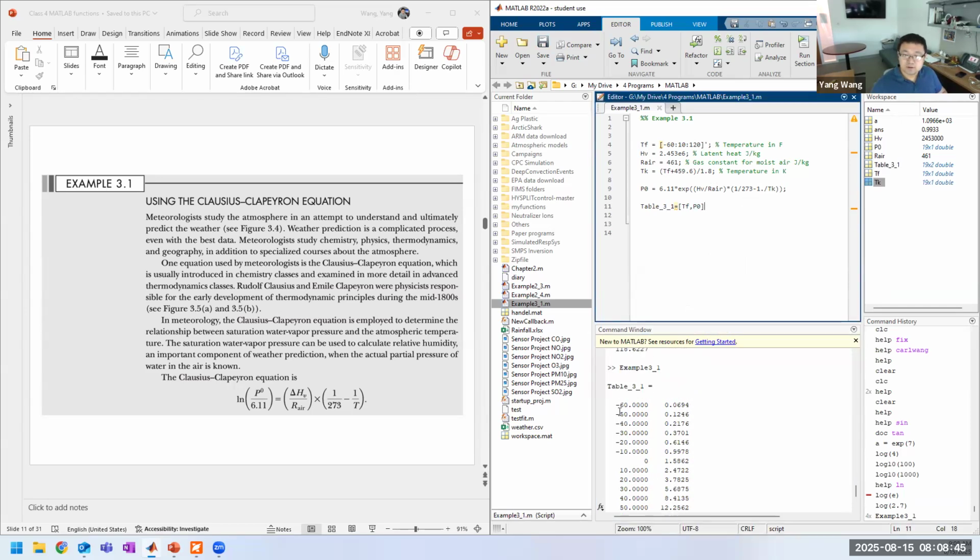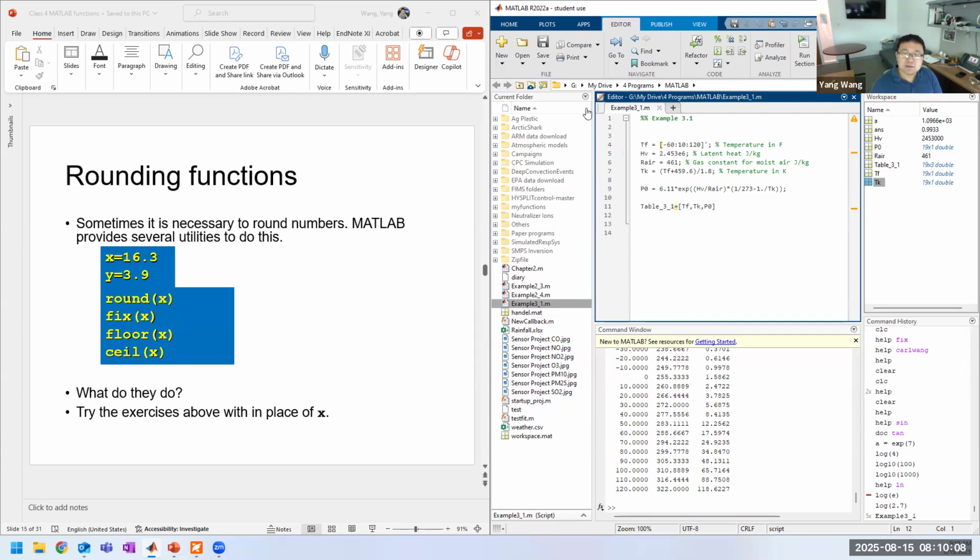So you can see on the left-hand side the temperature in Fahrenheit, and on the right-hand side the vapor pressure of the water in millibar. Okay, so this is some fundamental, elementary mathematics, right? Using the functions similar to your calculator.